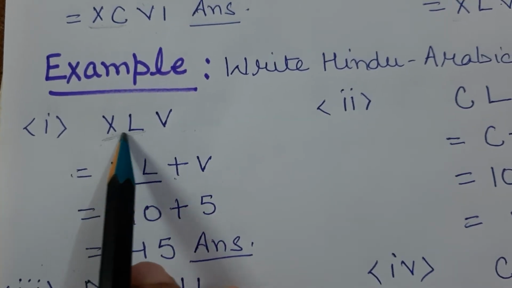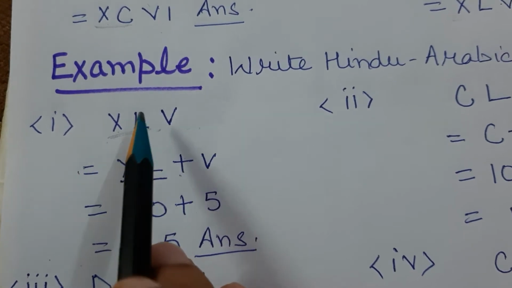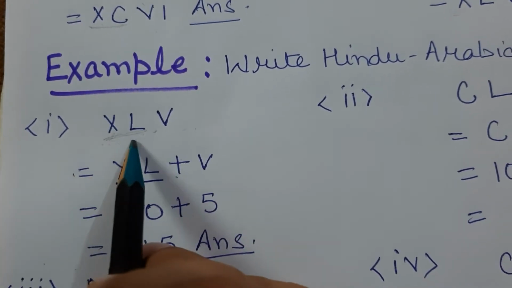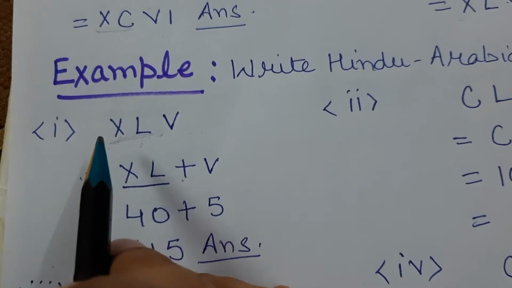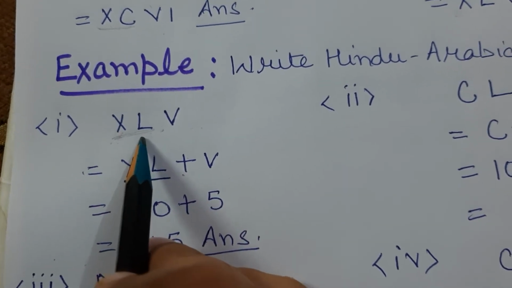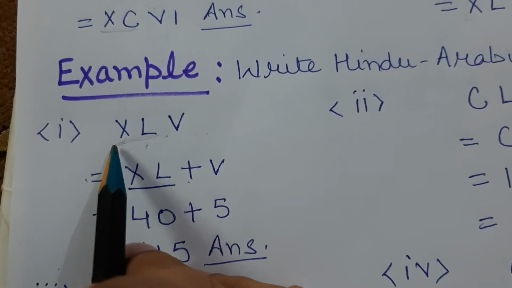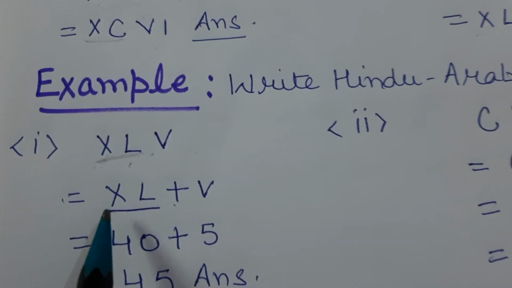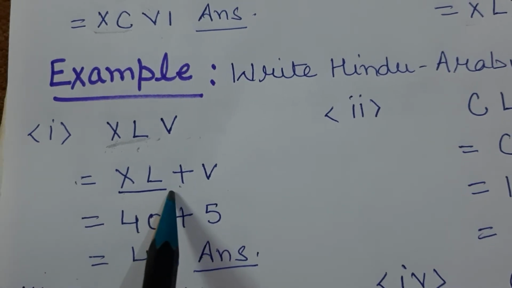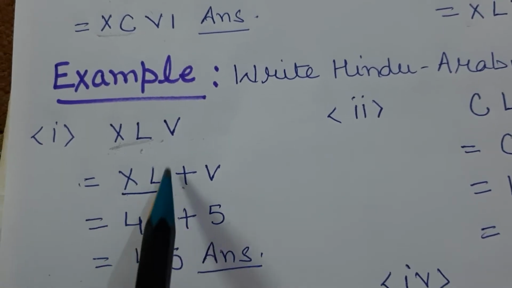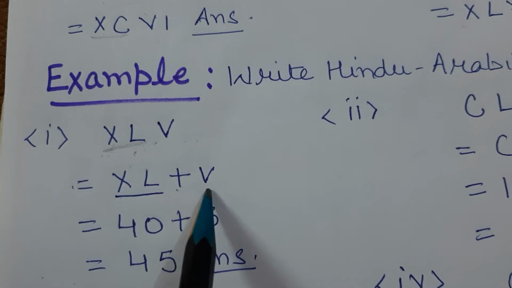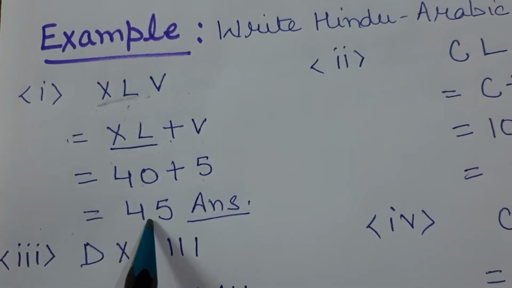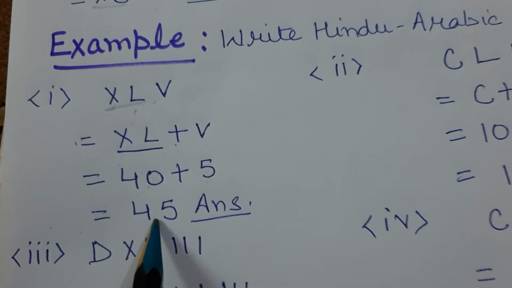This 10 will be subtracted from the next symbol, which is written just after it. So this symbol is XL, and it will be read as combined. So XL is 40, V is 5. When you add, you will get 45.